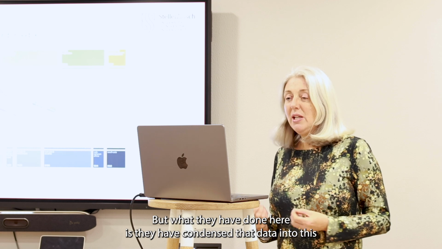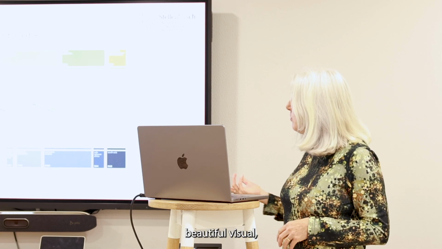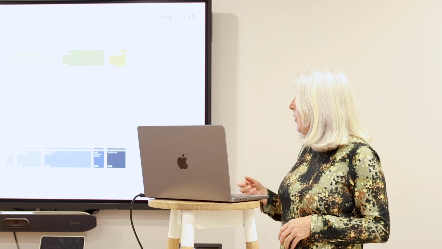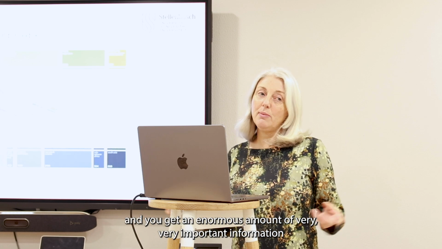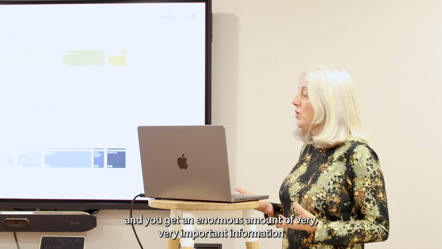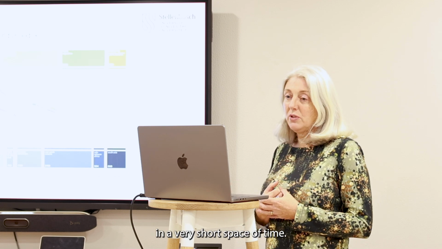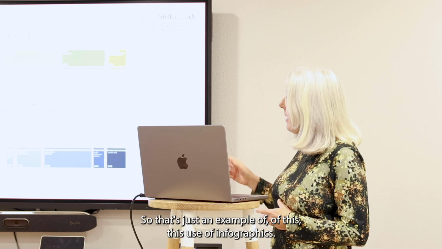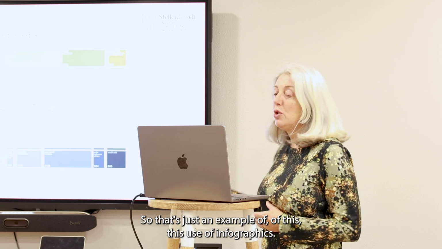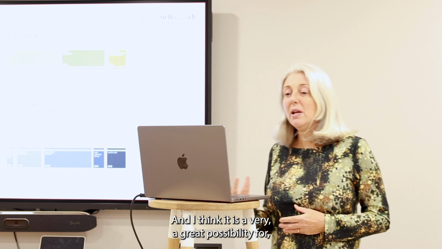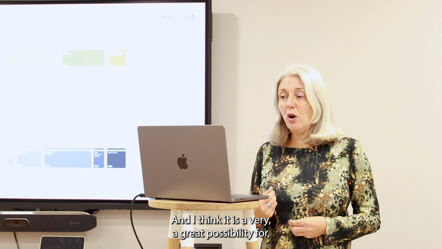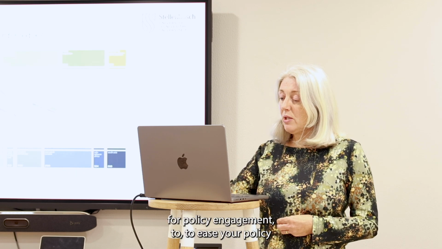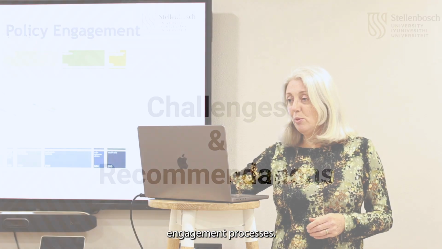But what they have done here is condense that data into this beautiful visual. You can look at this for 5 minutes and get an enormous amount of very important information in a very short space of time. So it's just an example of the use of infographics, and I think it is a great possibility for policy engagement, to ease your policy engagement processes.